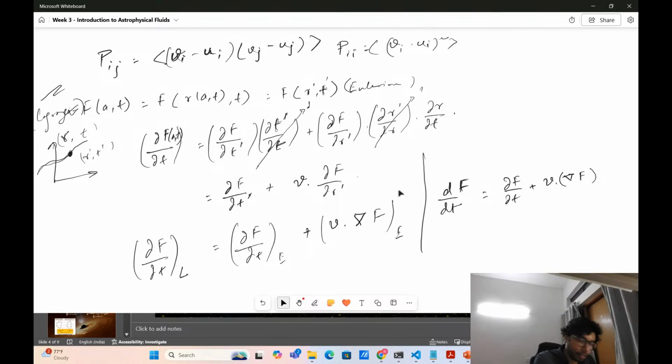For example, I'll just give one example. Let's say d rho dt is equal to, let's say, 0. This is not 0 in general, but let's assume for an incompressible flow this is 0. Then the equivalent equation would be del rho del t plus v dot del rho equals 0.